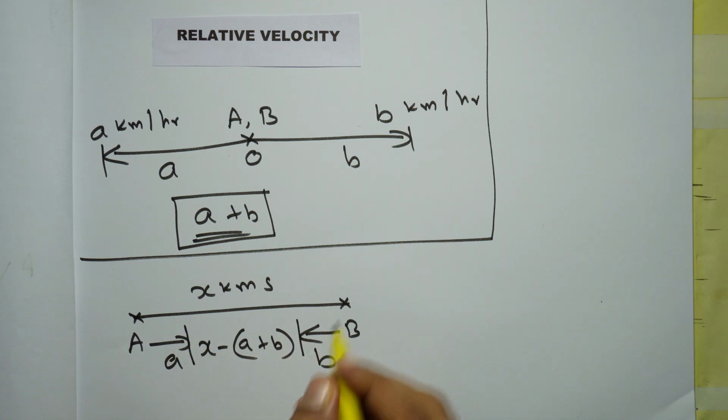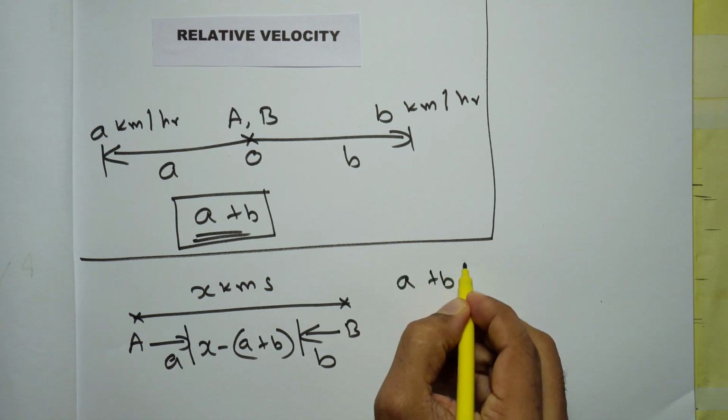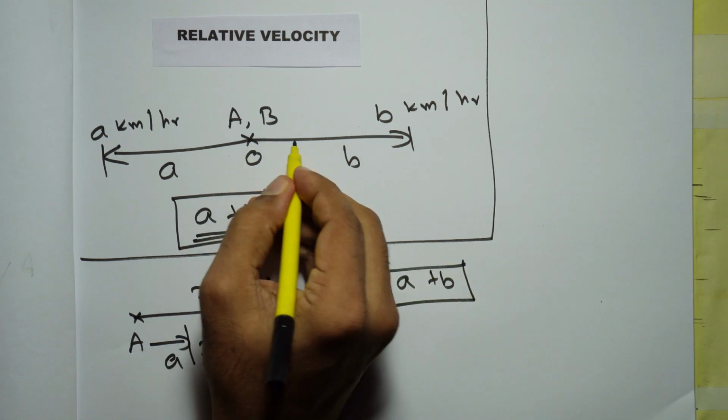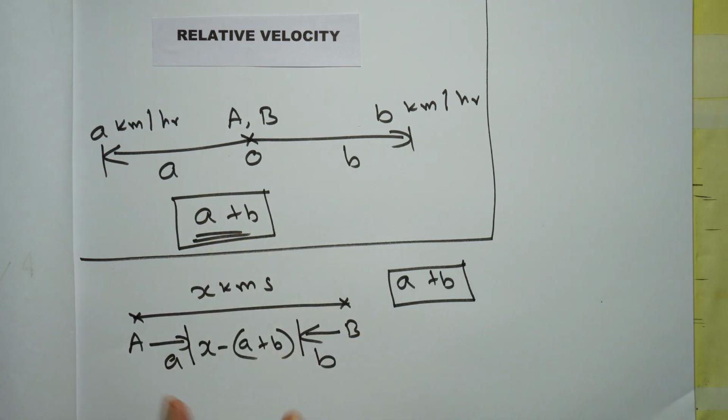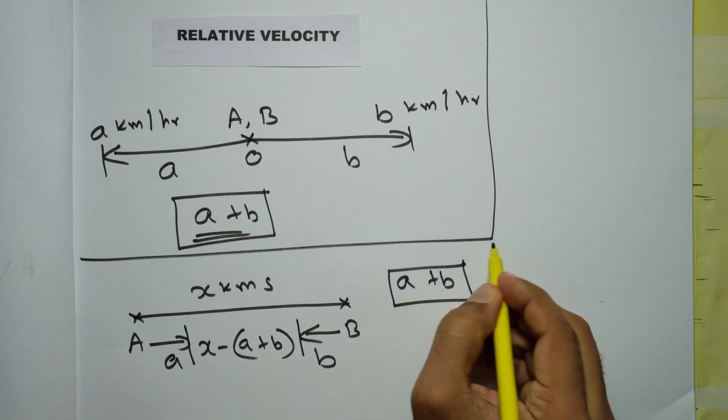So in this case also relative velocity is A plus B. In one case they are getting separated by A plus B kilometers every hour, in this case they are getting closer by A plus B kilometers every hour.